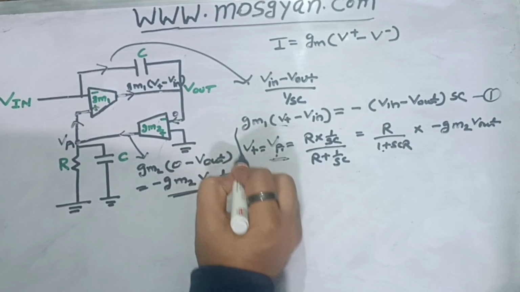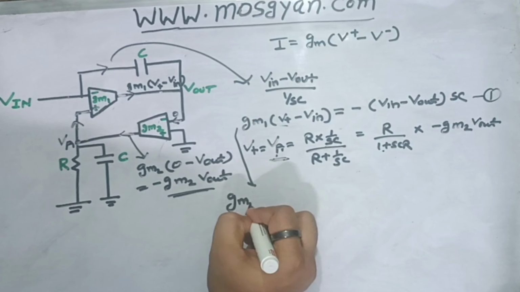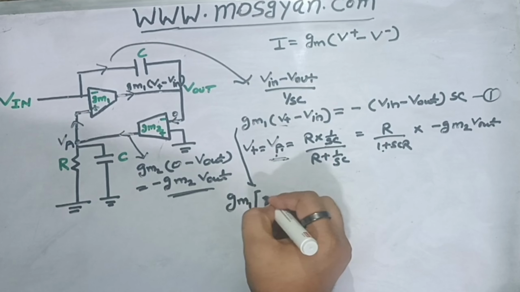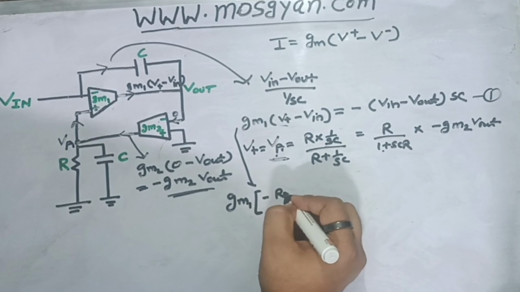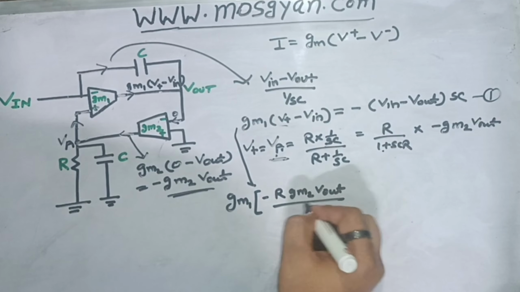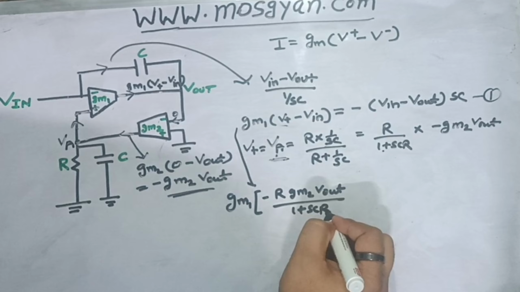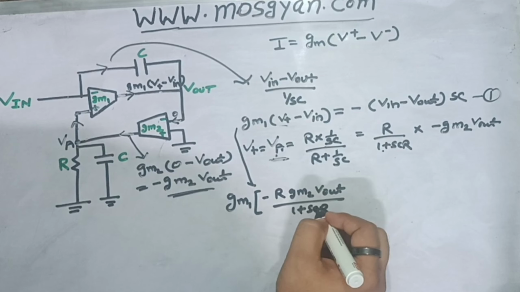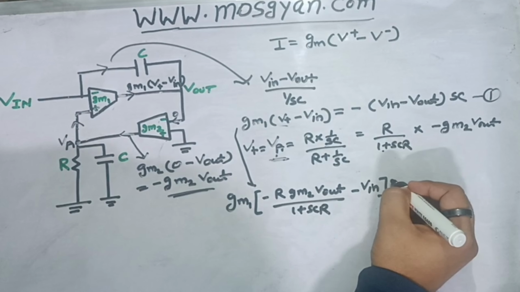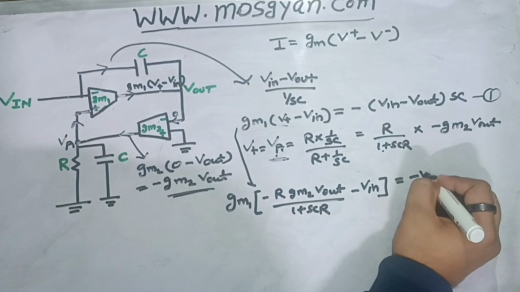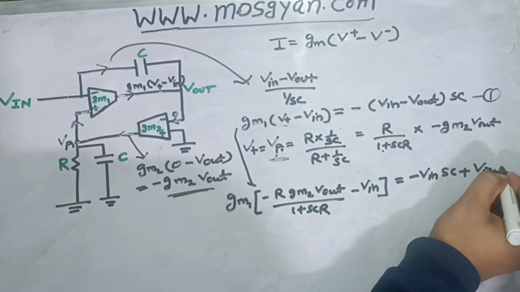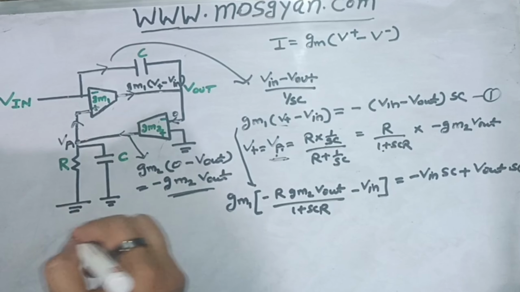I can write this equation now as Gm1 times V plus, which is nothing but minus of R into Gm2 Vout divided by (1 plus SCR), minus Vin was anyways there, and that should be equal to minus of Vin SC plus Vout into SC. So this we have calculated now.